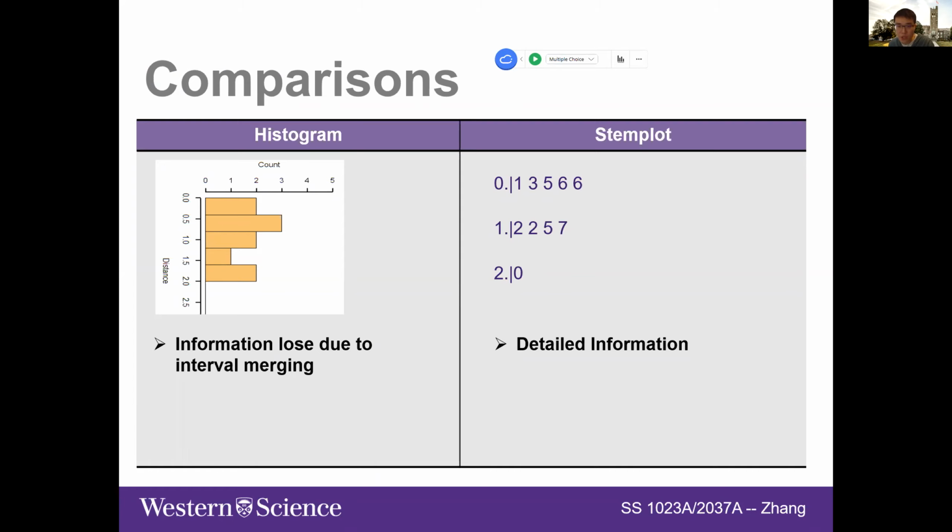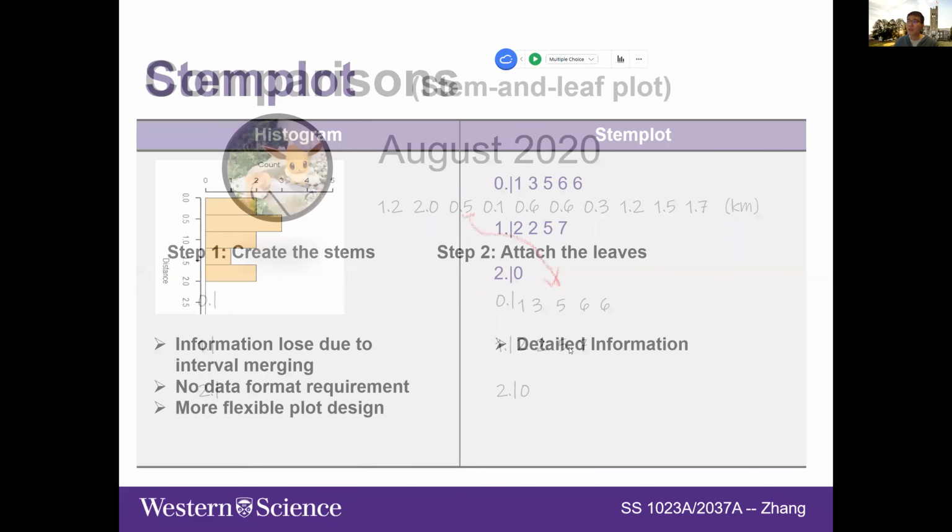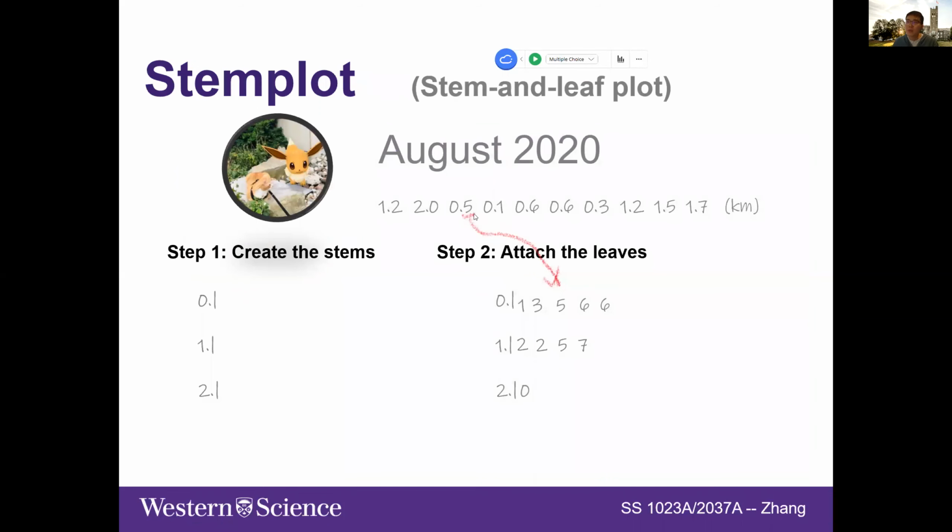Okay, now we have a question about the stem plot. The question is, are stem plots only for one number after the decimal? Actually, the stem plot doesn't have to look like this, something dot something. It can be an integer or something like that. The problem is that we need to have exactly the same format.